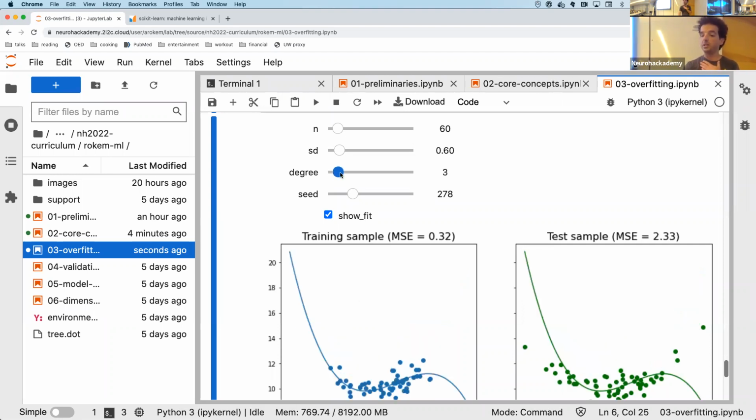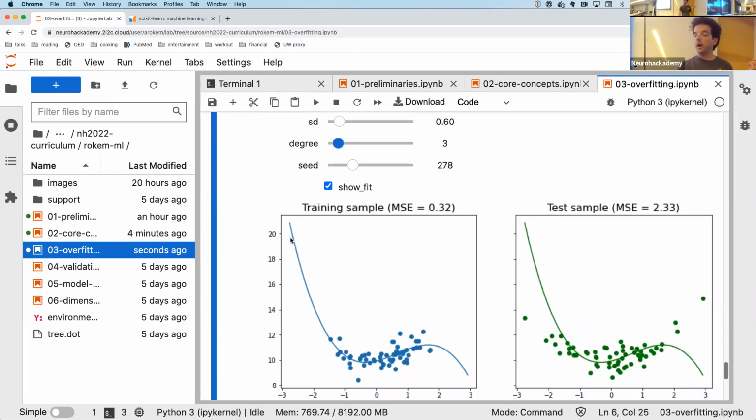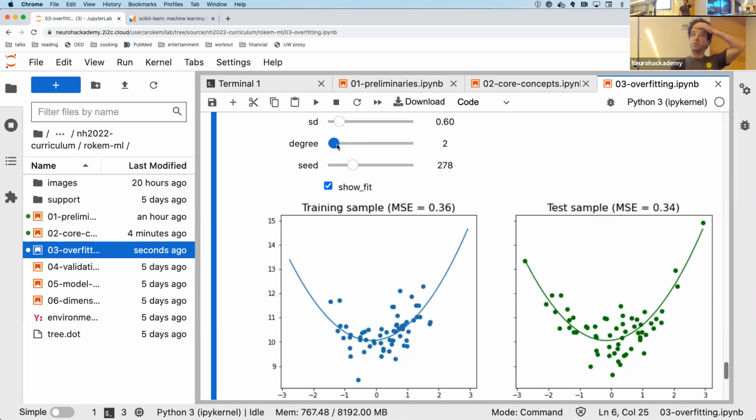So in this case, as soon as we go to degree 3, the error on the training sample keeps going down, but immediately the error on the test sample starts going up. And that suggests to us that we should have stayed here, where the error was small in both of them.